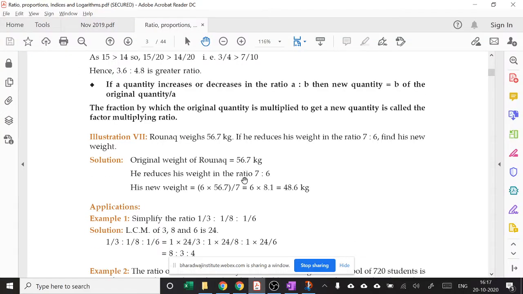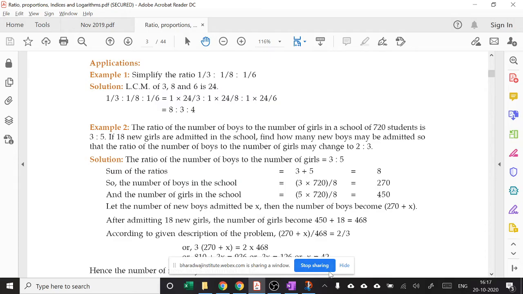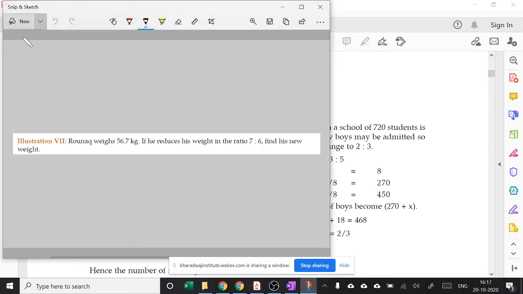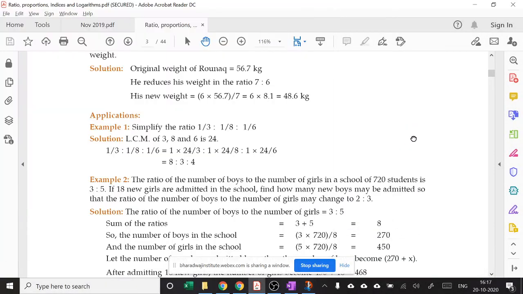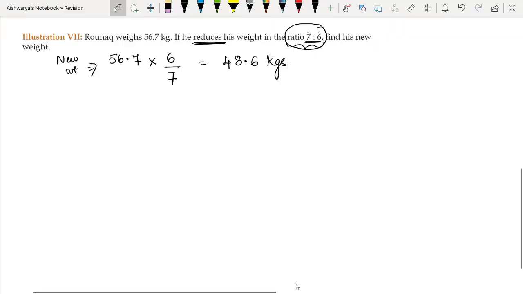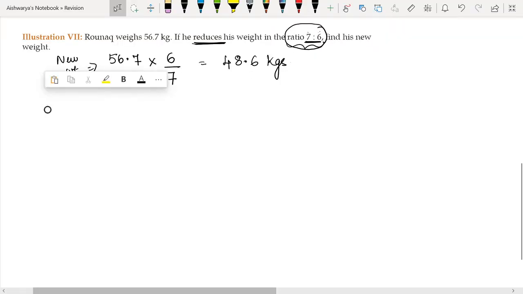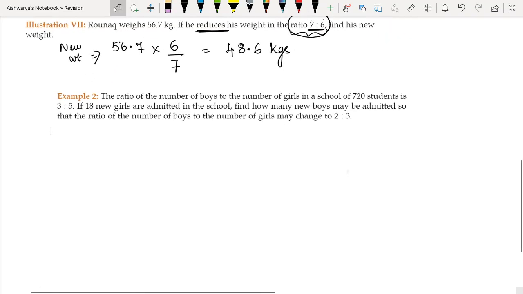So the next question that I want to put for you here is, okay, so this is the next question. Look at this. One of you read it.